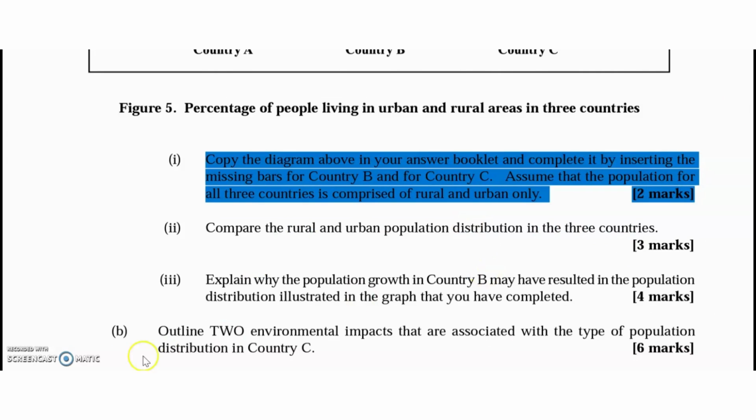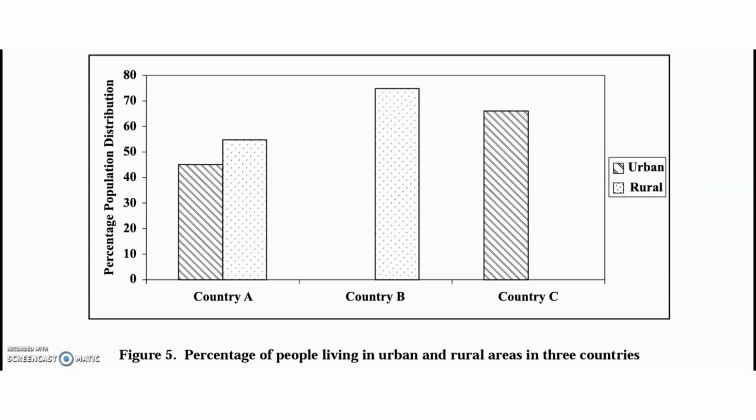Now, folks, if you look carefully at the diagram once again, based upon what we just said, we can determine that country A and country B are associated with a higher rural population percentage distribution than that of urban. That is for country A and country B, based on what we just calculated. Whereas for country C, the urban population is higher than the rural population.